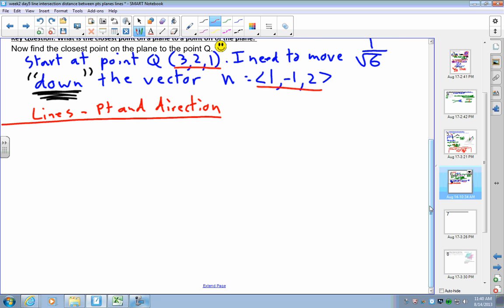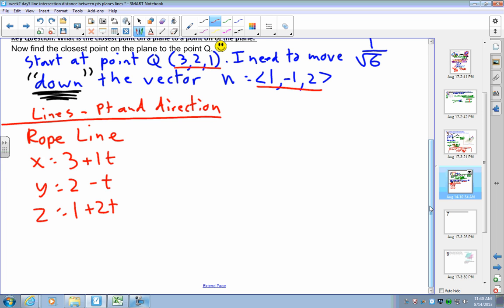So I can give you an equation of the rope line. I can tell you x is 3 plus 1t, y is 2 minus t, and z is 1 plus 2t. That is an equation of the rope line.